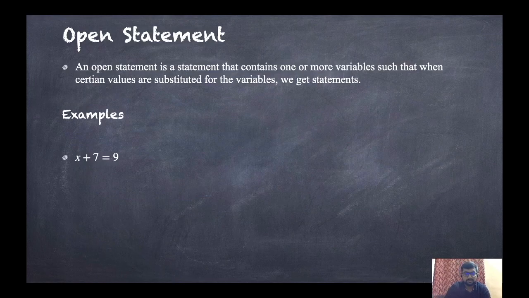Right now it is not a statement. So whenever we put some value, we get a statement, and this is called an open statement. 3x plus 2 is greater than a. Yes, again, it is an open statement. x belongs to A. Yes, it is an open statement.